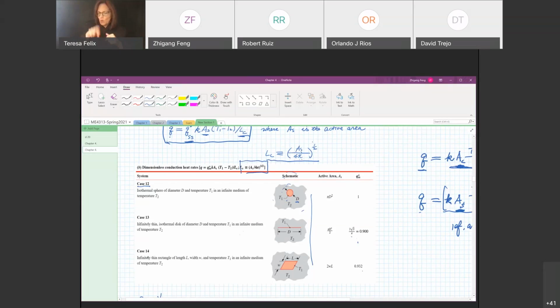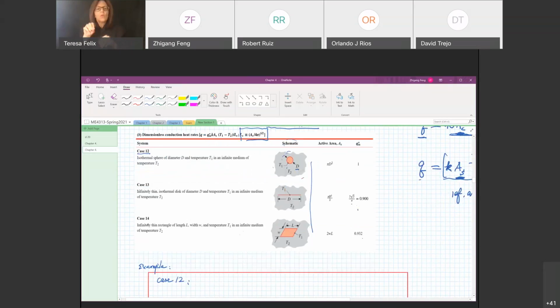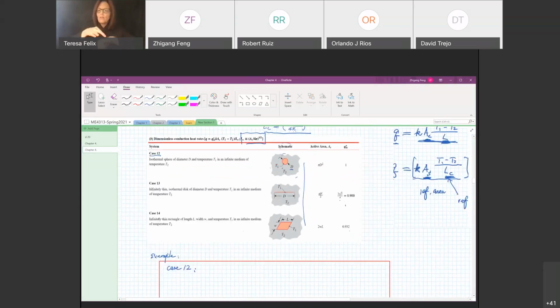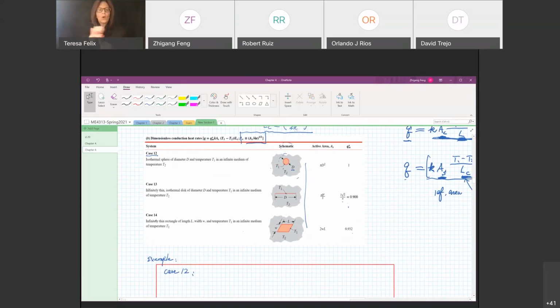Okay, so let's figure out what is the reference length for case 12. For case 12, it says the reference area or the active area, A sub S, is equal to pi d squared. So they use the surface of the sphere as the reference cross-section area, which makes sense, right?